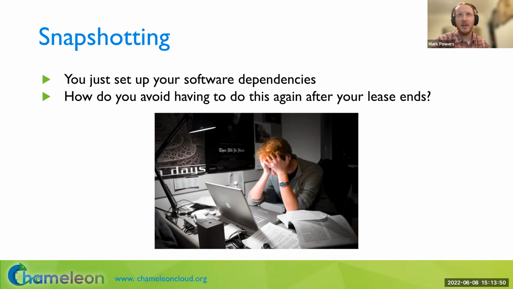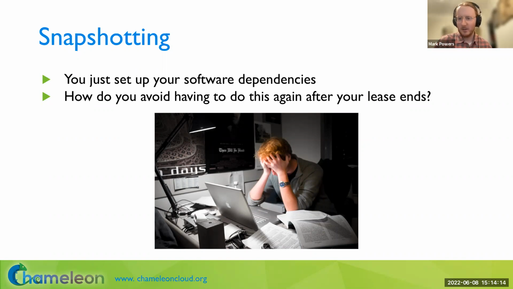As I just mentioned, your lease is going to end eventually. Even though you can renew your lease, somebody might reserve the node after your lease, and that'll prevent you from renewing infinitely. And so the question is, how do you avoid having to go through the pain of setting up all your software again? I know it can take some time.